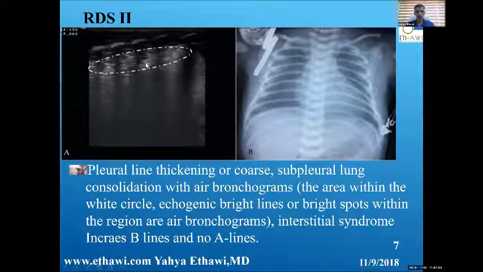And they present as bright lines or spots or irregular direction lines just at the subpleural area. While you can see there are some A lines and there are B lines that do not reach the end of the picture.